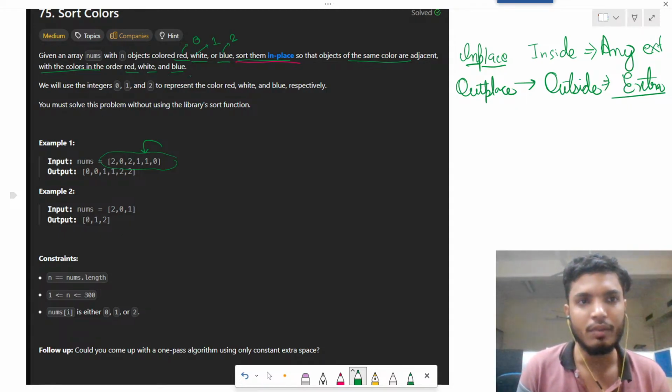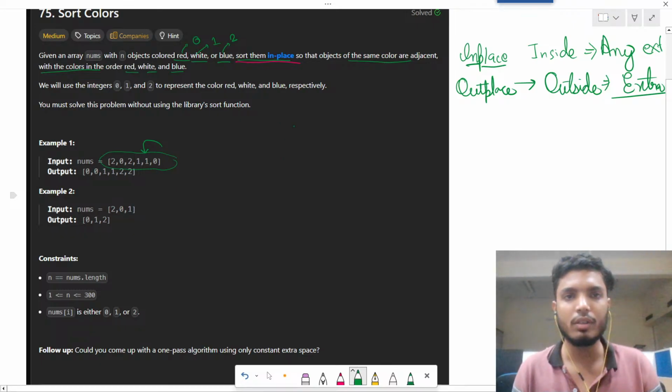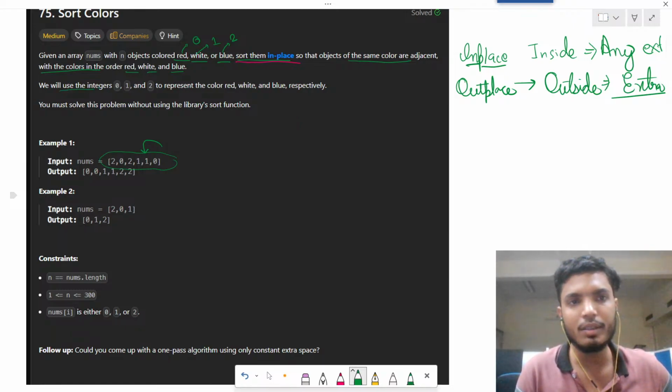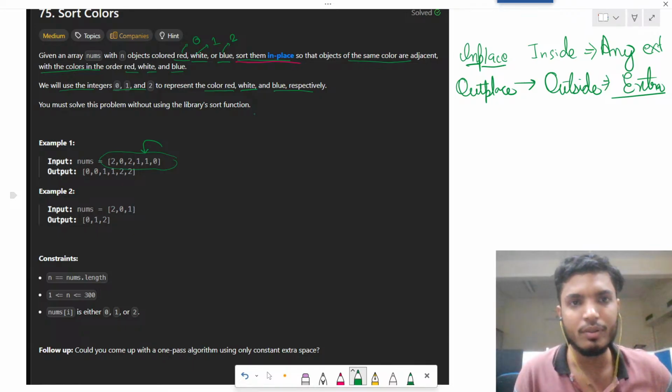We have to sort so that all the zeros occur together, all the ones together, all the twos together. We will use integers 0, 1 and 2 to represent red, white and blue respectively. You must solve this problem without using the sort function.